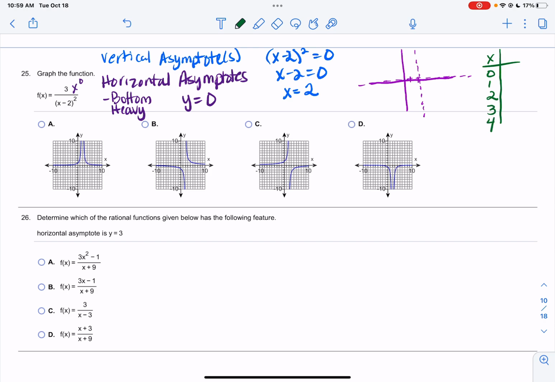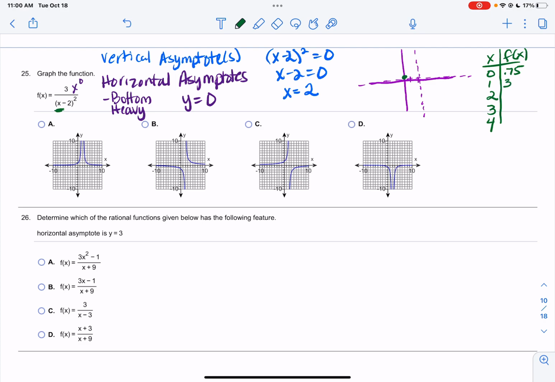By plugging these x values into your original function and simplifying, we see that when you plug in 0, you get 0.75, which is above the asymptote, corresponding to this point right here. When x equals 1, f of x is equal to 3.